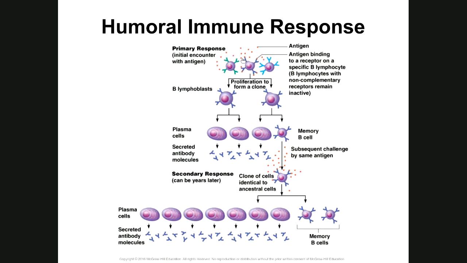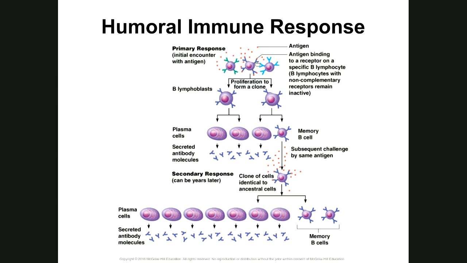Not all of our B cells have that receptor for that specific antigen. So as you see here, we have some receptors with green color, some receptors with blue color, and the antigen cannot attach to them. But for this dark blue color, the antigen and the surface receptor can bind together.